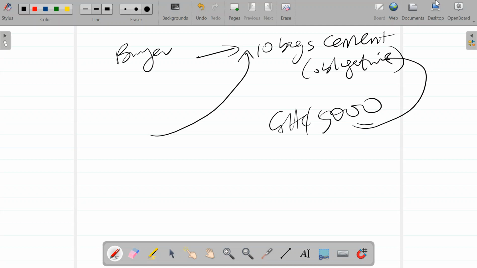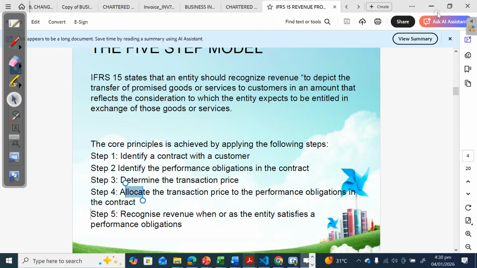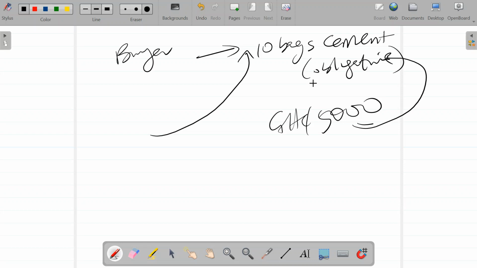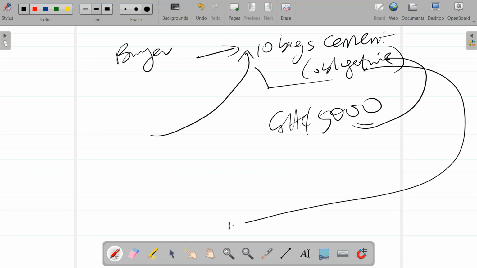So the next step is recognize revenue when or as the entity satisfies the performance obligation. Now we have priced the performance obligation, that is 5,000 cedis, but we cannot recognize revenue until the goods are delivered to the customer.